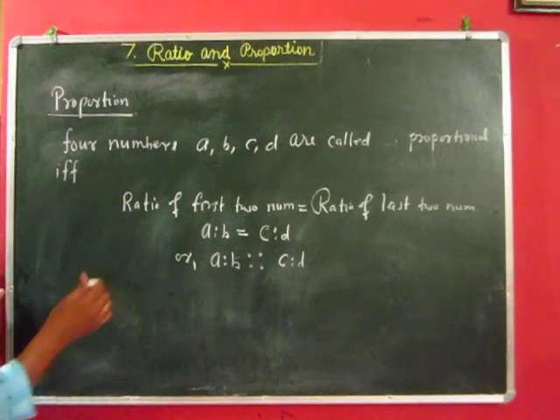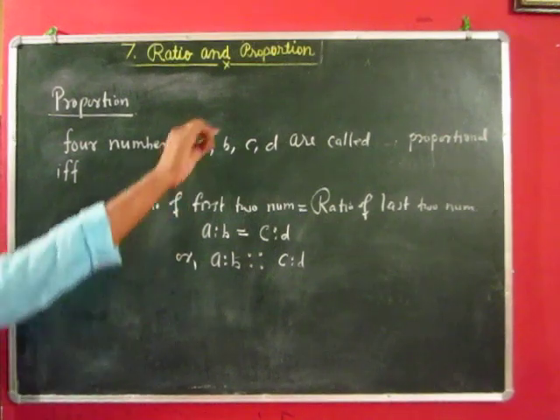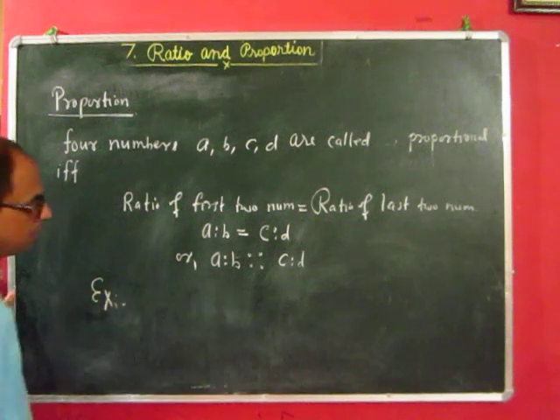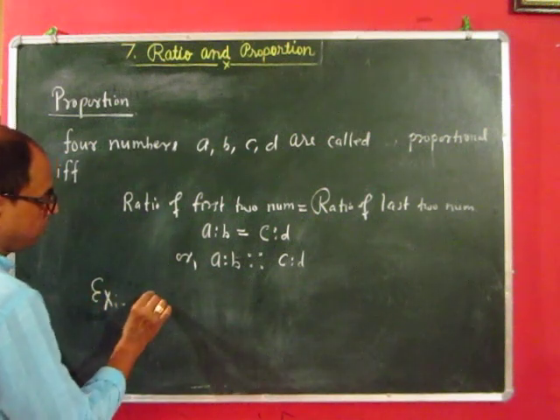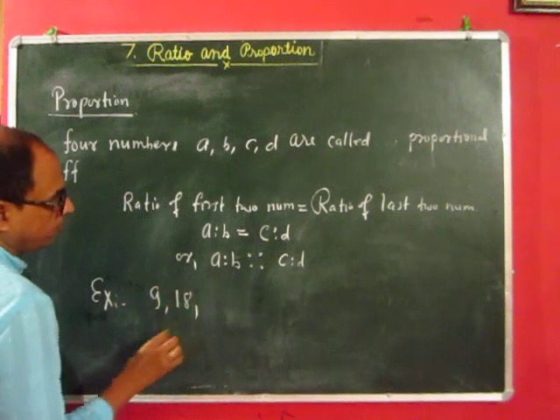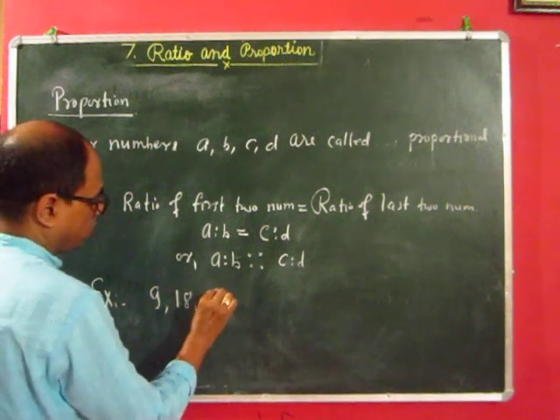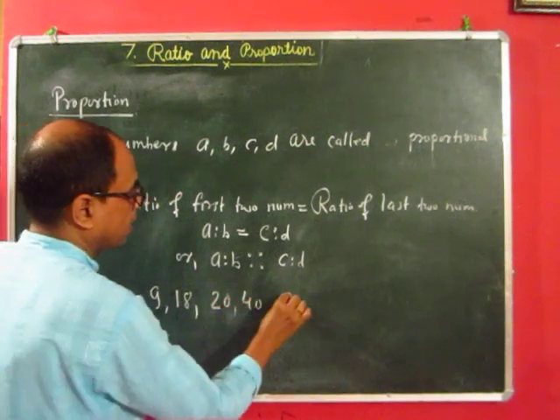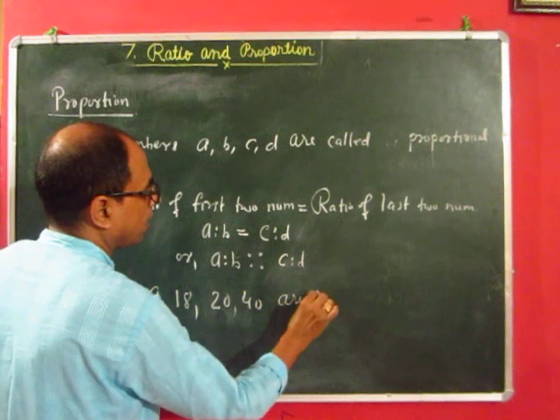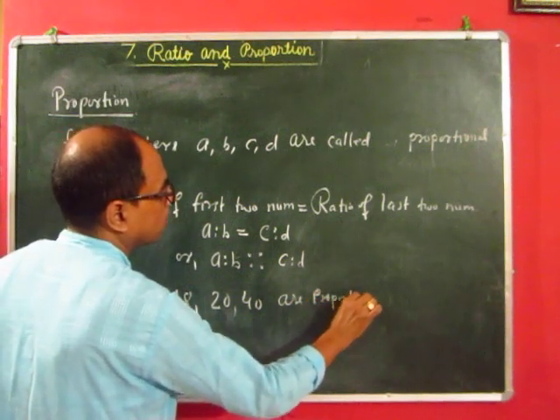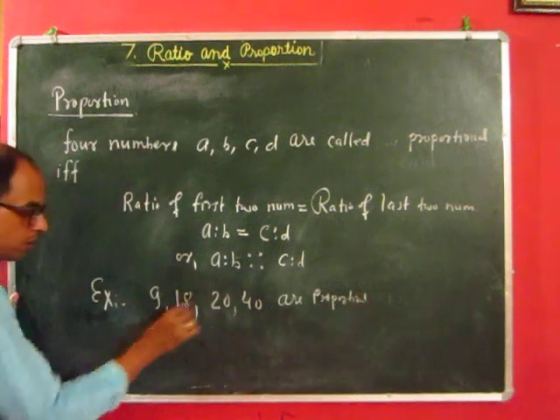Now for example, 9, 18, 20, 40 are proportional. Why are these four numbers proportional?